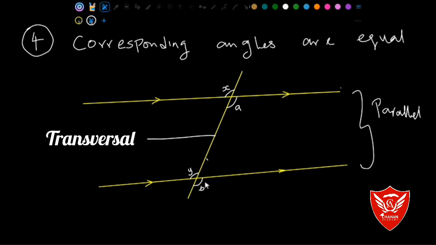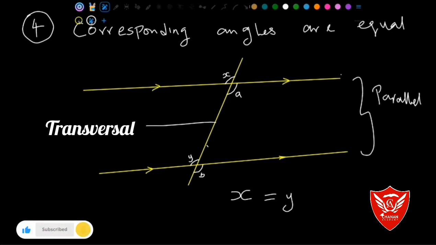So it means that angle X is equal to angle Y, corresponding angle, and then angle A is also equal to angle B. So that is what the corresponding angle is saying. Please take note of all these facts, because these are what you're going to need to prove geometry angles. All right, so let's check the next one.